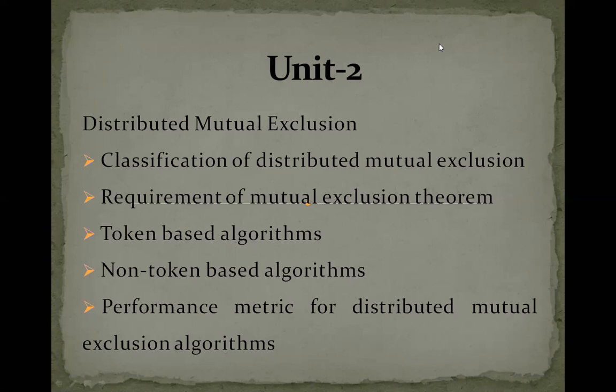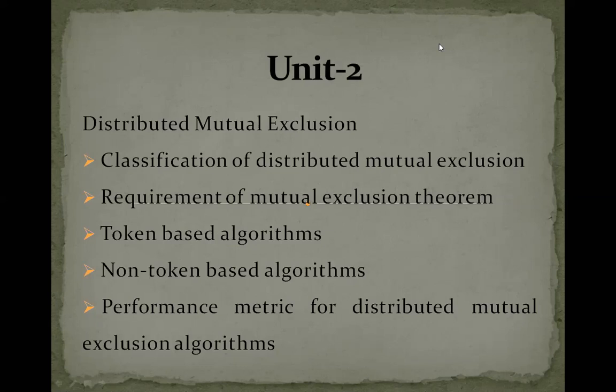The solution of the mutual exclusion problem can be easily implemented using shared variables, for example, semaphore. But in a distributed system, the problem of mutual exclusion is more complex in comparison to the single computer system.